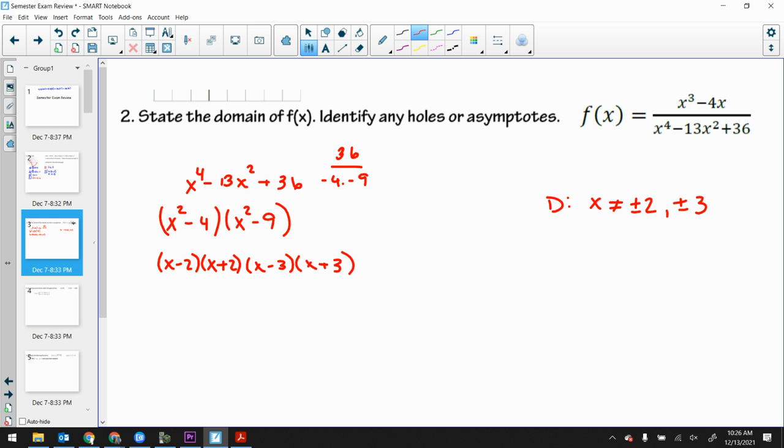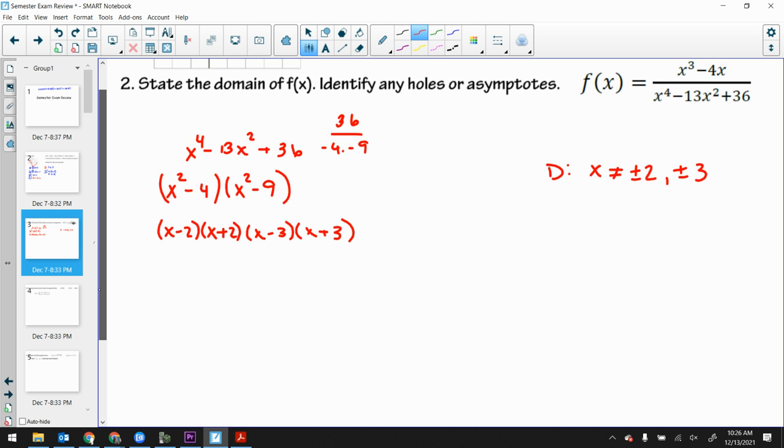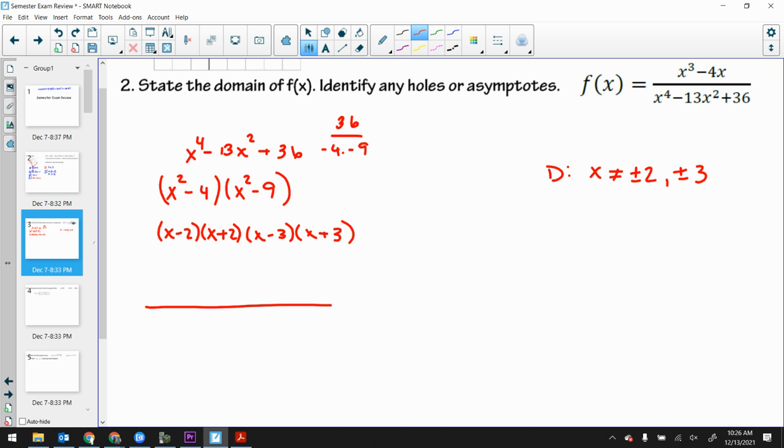Let's identify the holes. Now remember, this is the denominator. So this is x minus 2, x plus 2, x minus 3, x plus 3. Well, look at the numerator. I would factor out an x, and I get an x squared minus 4.